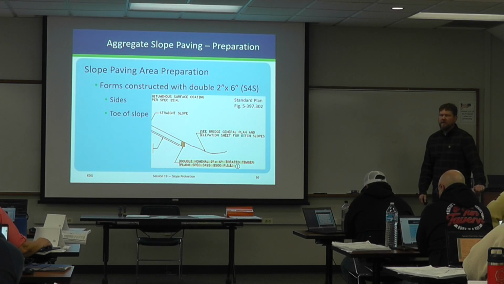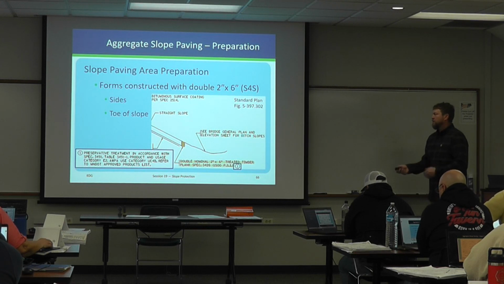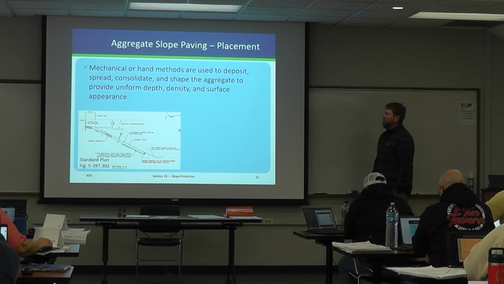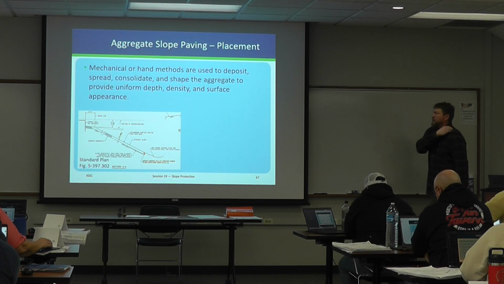We want to define those limits. So what's called for is double 2x6 treated timber, and those go in at the sides and the toe slope. And the circled note 1 in the standard plan gives you direction as to how it's to be treated. Another excerpt of it: mechanical or hand methods you can use to deposit it, and you're just looking for uniform depth and density.